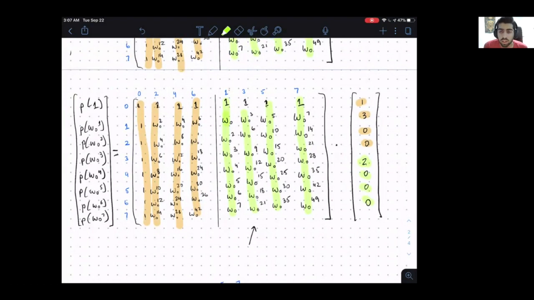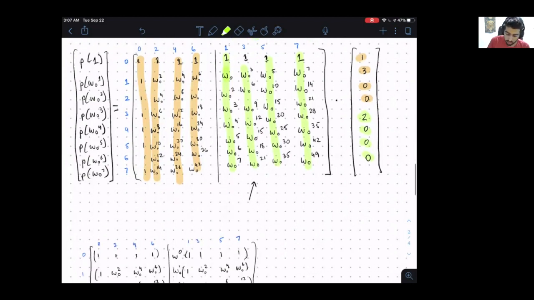Hopefully we can convince ourselves that by rearranging both the columns of the Vandermonde matrix and the elements of our coefficient vector, we still maintain the same computation that we were doing before we rearranged any of the columns.